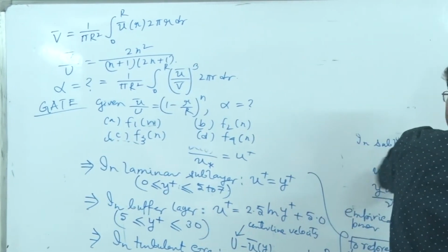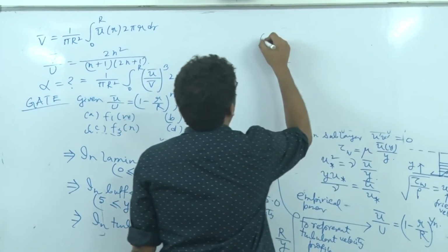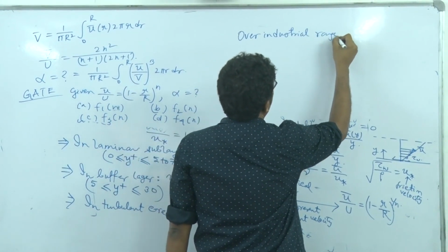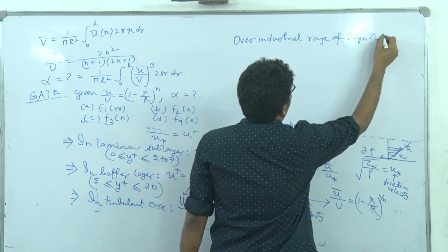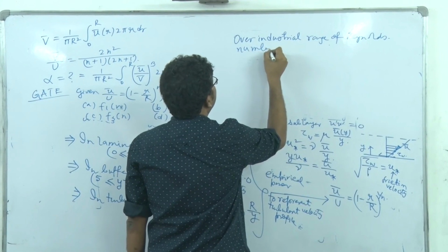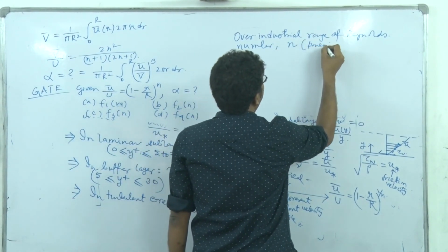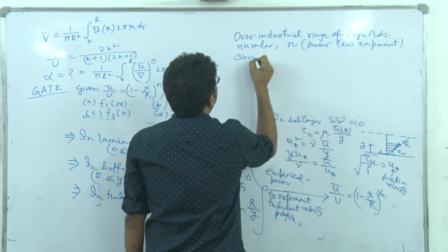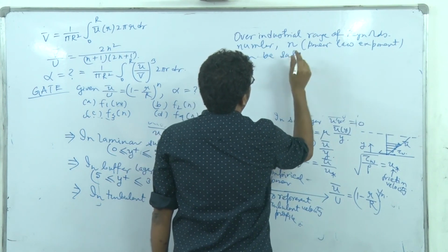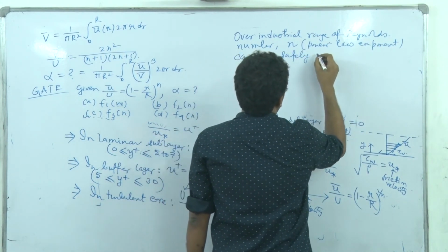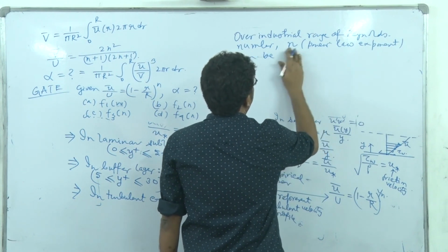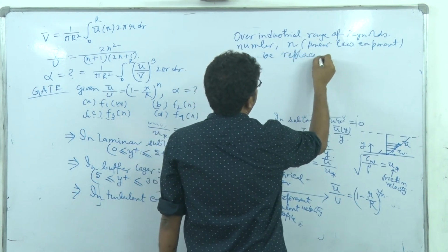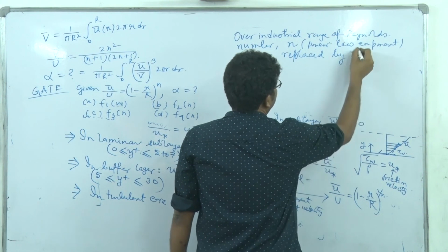Actually, we have to understand that over the industrial range of Reynolds number, n, the power law exponent, can be safely replaced by 7, right? 7.